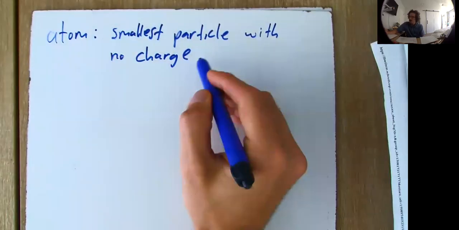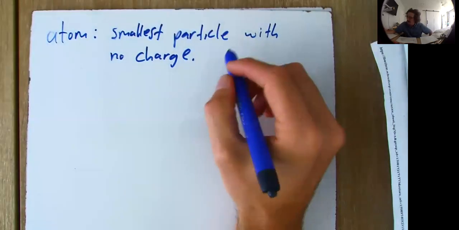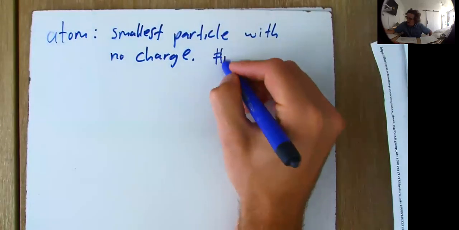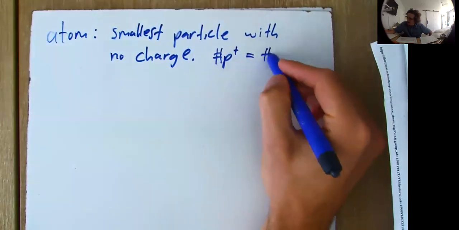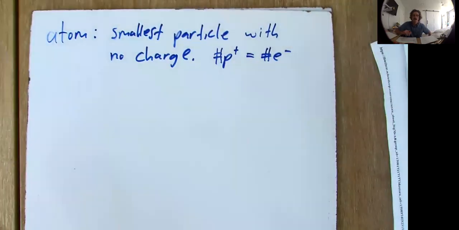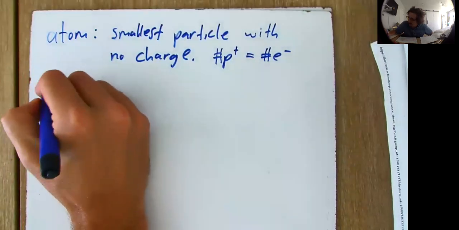What does no charge mean? That's what we're going to explore today, is talking about charge. What it means is that the number of the protons inside of an atom will equal the number of electrons that are in the electron cloud. This is going to be our definition of atom today. It's what we want to think about. Okay, not to be confused with isotope.